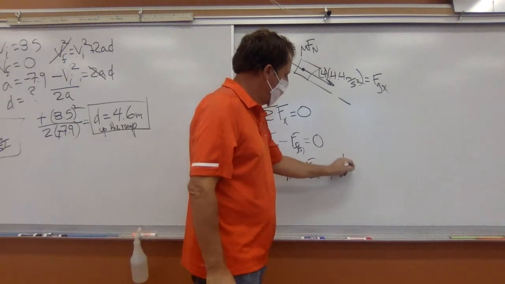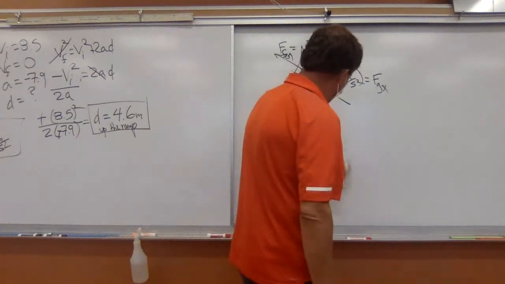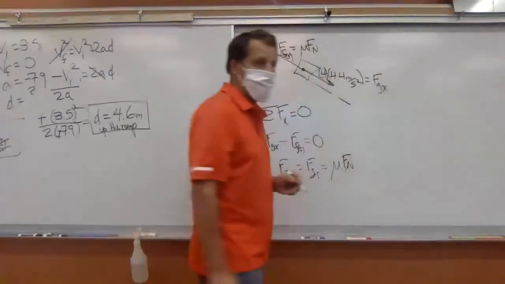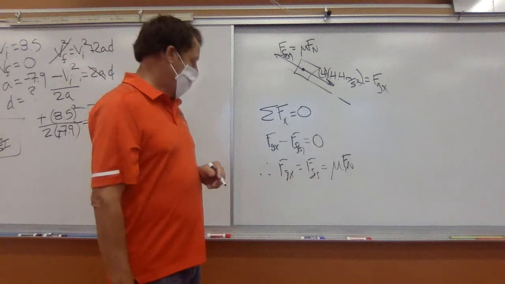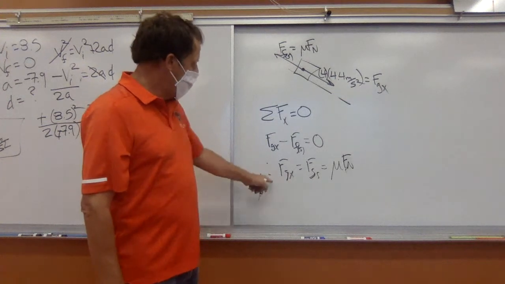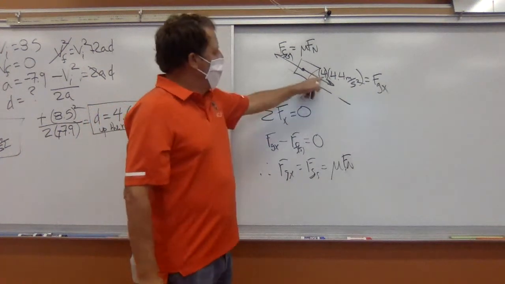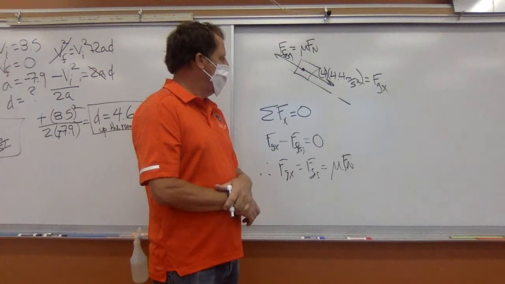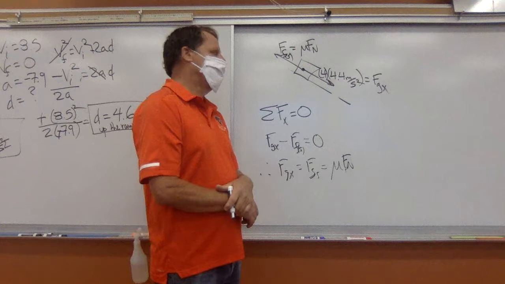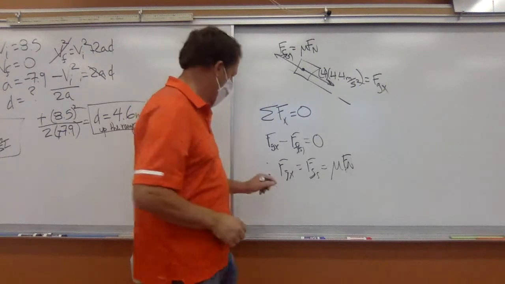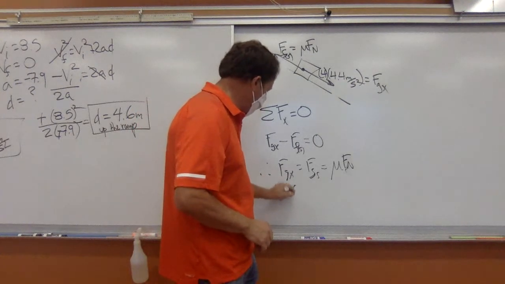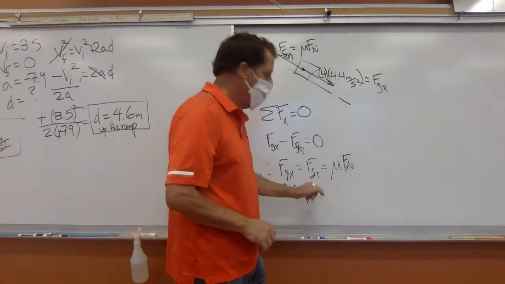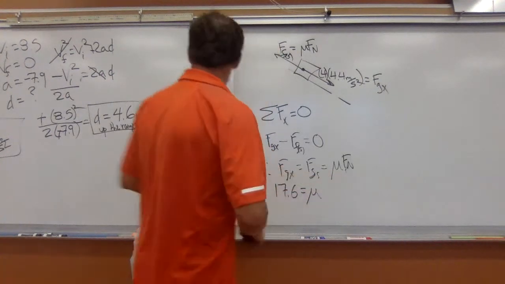Which is equal to mu times force normal. And we know that 4 times 4.4 is 17.6. So we have 17.6 equal to our mu times the normal force.